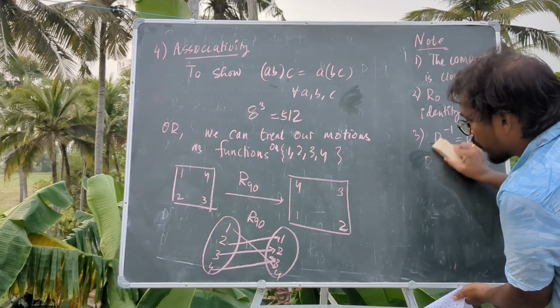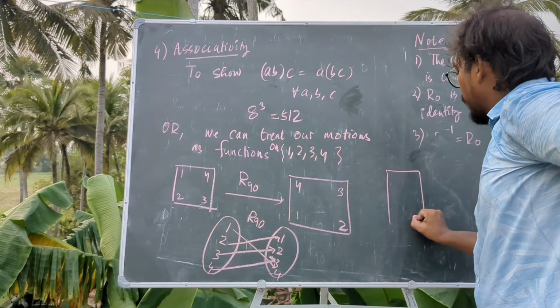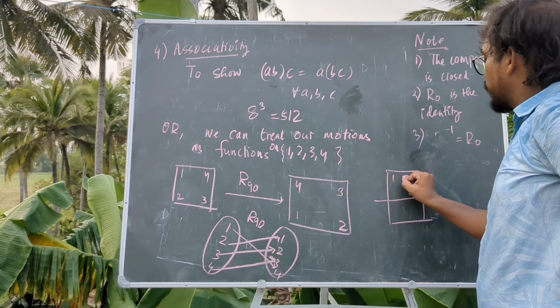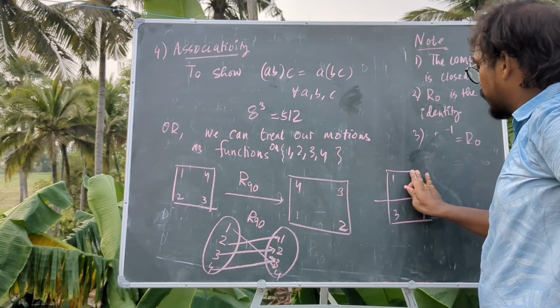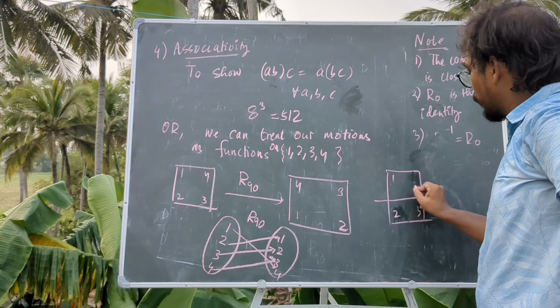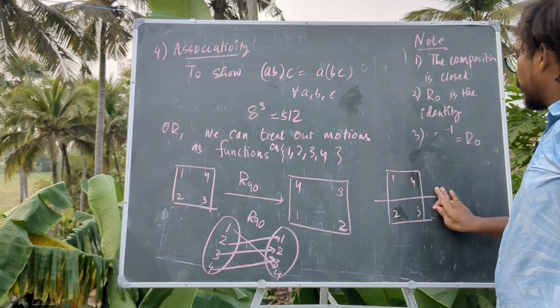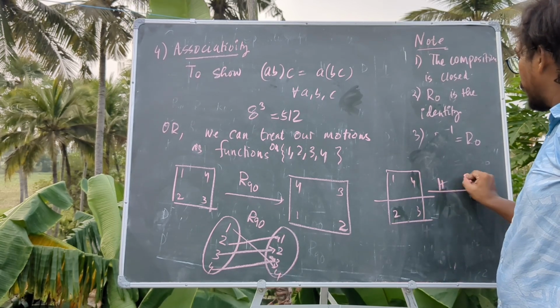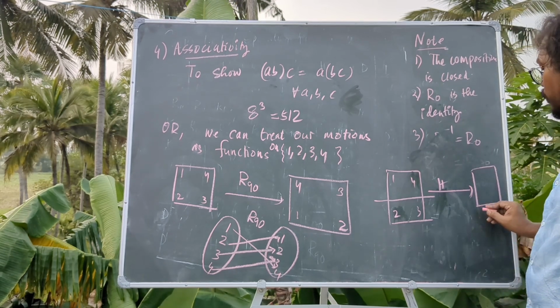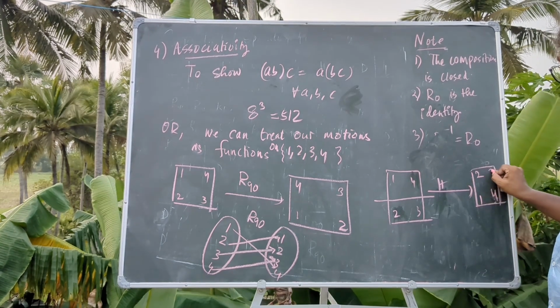Another, suppose this is our horizontal flip. This is 1, 2, 3, and 4. We are doing a horizontal flip. After the horizontal flip, we have 1 here, this is 2, this is 3.